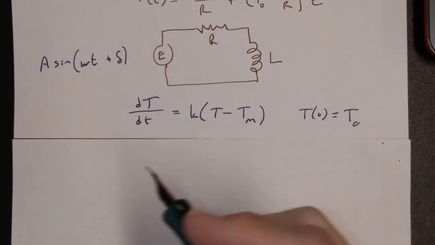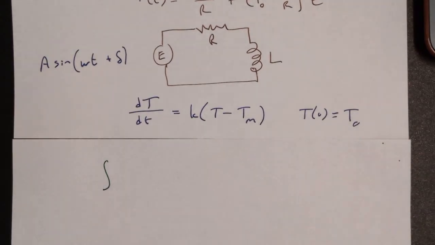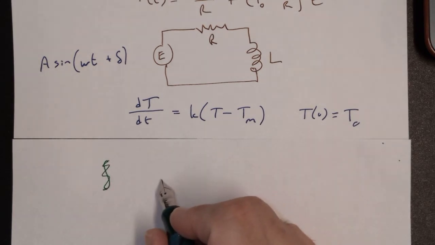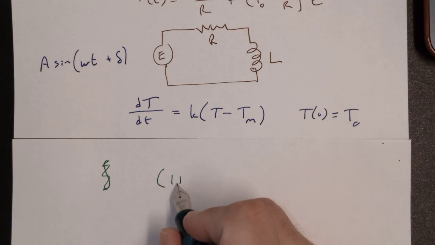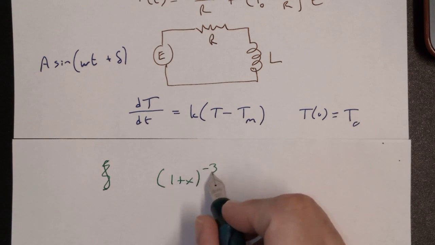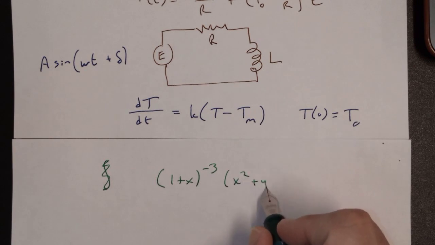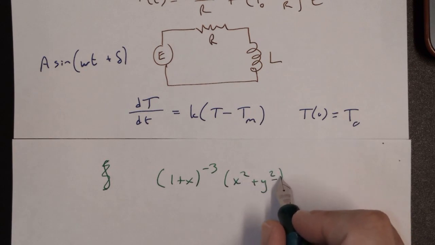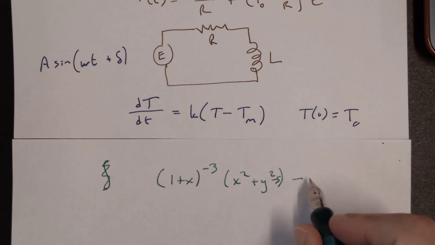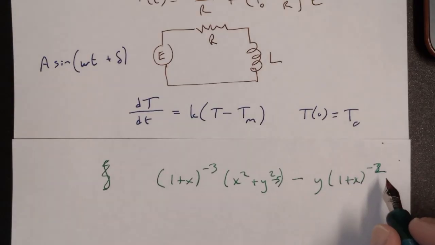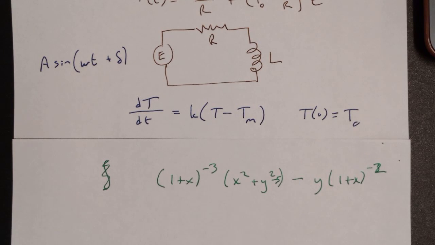So, on the integrating factor, my new equation is: the difference is 1 plus x to the negative third times parentheses x squared plus y squared minus 5, then subtracted is y times 1 plus x quantity to the negative 2. There are some dy's and some dx's floating around here. Otherwise, you're already done integrating.